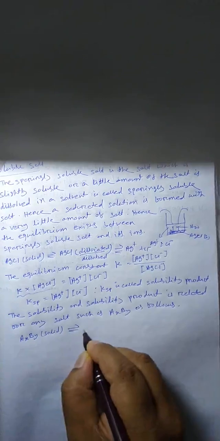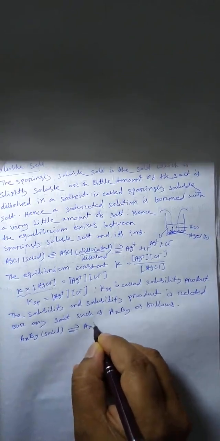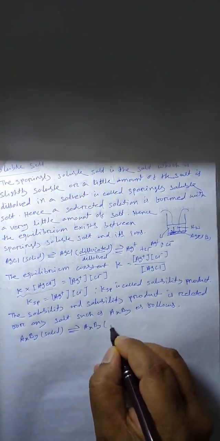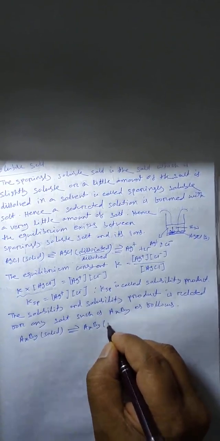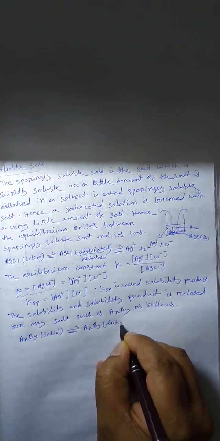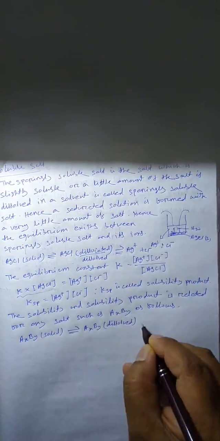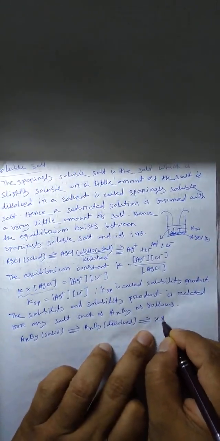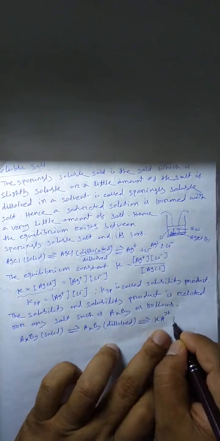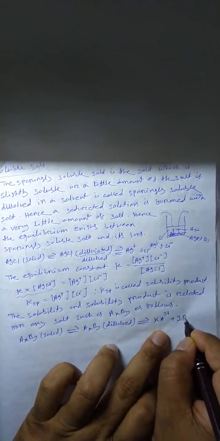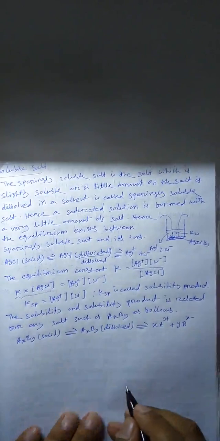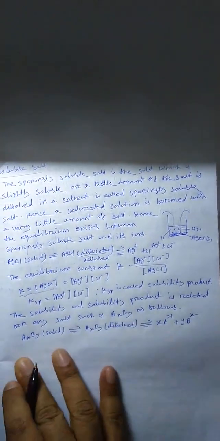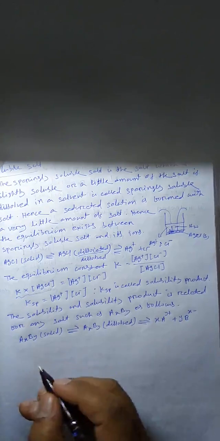When it is dissolved in water, it gives ions, X, A to the power Y plus and Y, B to the power X minus. These ions are formed. So what is the equilibrium constant?